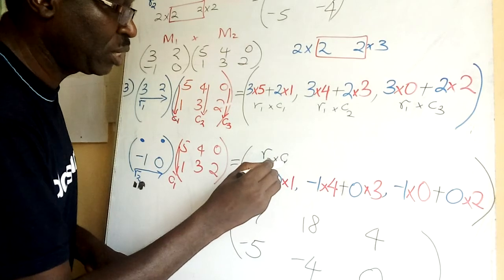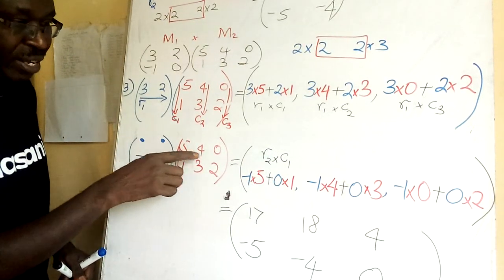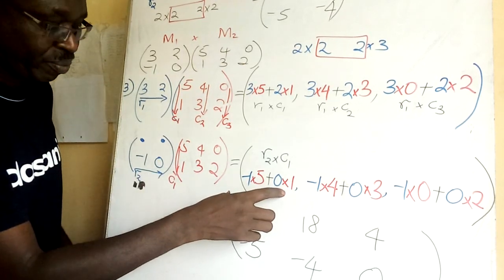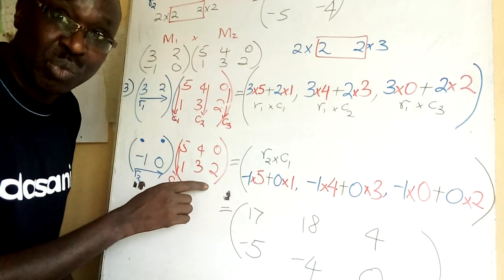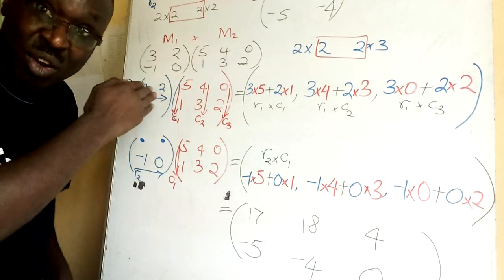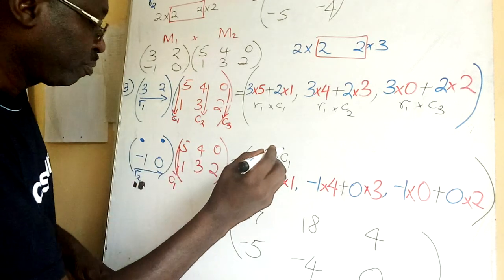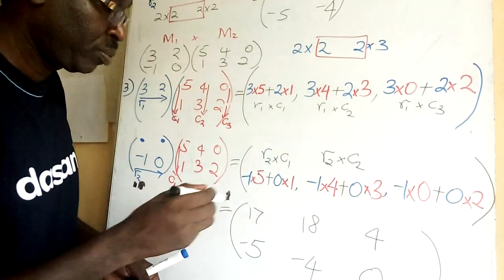R2 times C1. So this is the tail, -1/5 here. And then head 0/1 here. After finishing that, I still have 2 more columns. So I go to column 2. Now what will I be doing? I'll be doing R2 times C2.